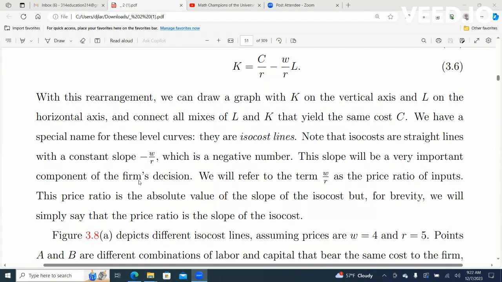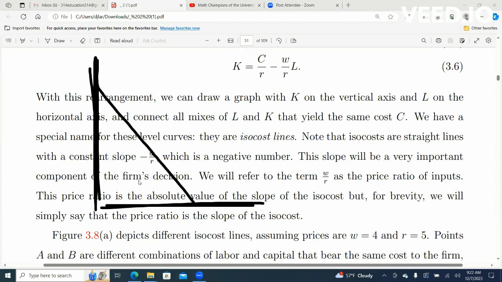When I drew it a second ago, I forgot to mention one very important thing. Just like the isoquants from the previous section, why would they call this an isocost? Because if this is L and this is K, this value of L and K will yield this isocost. This value of L and K will yield the same isocost.